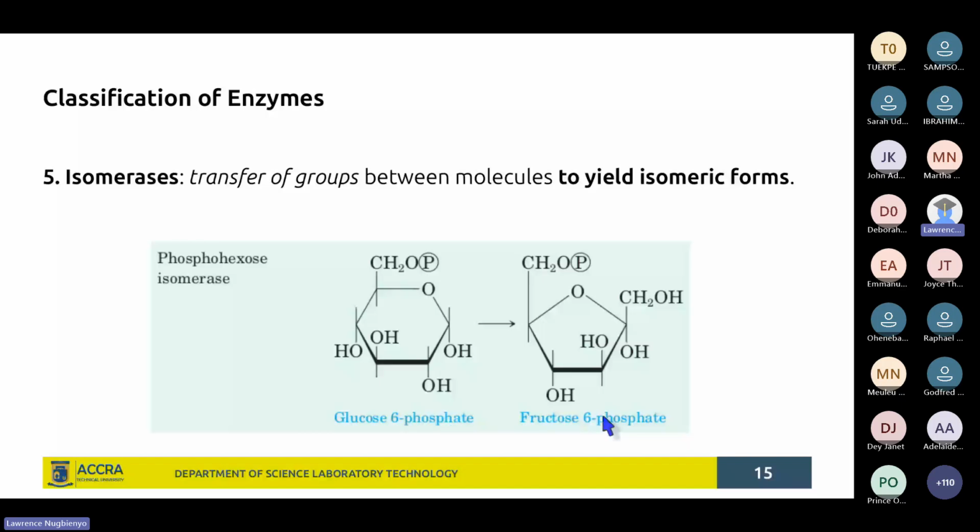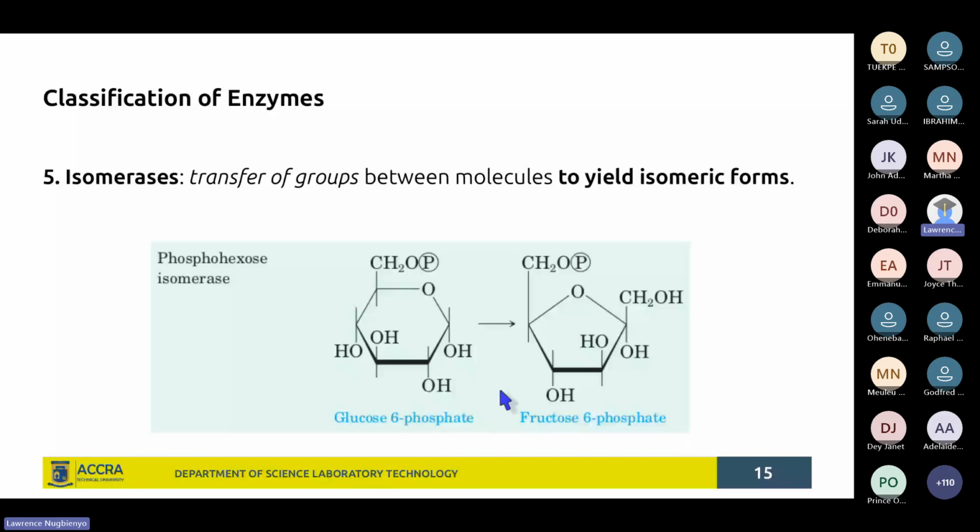These are compounds that have the same chemical formula, which means they contain the same number of atoms of elements, but they have different structures. So glucose 6-phosphate and fructose 6-phosphate are isomers.